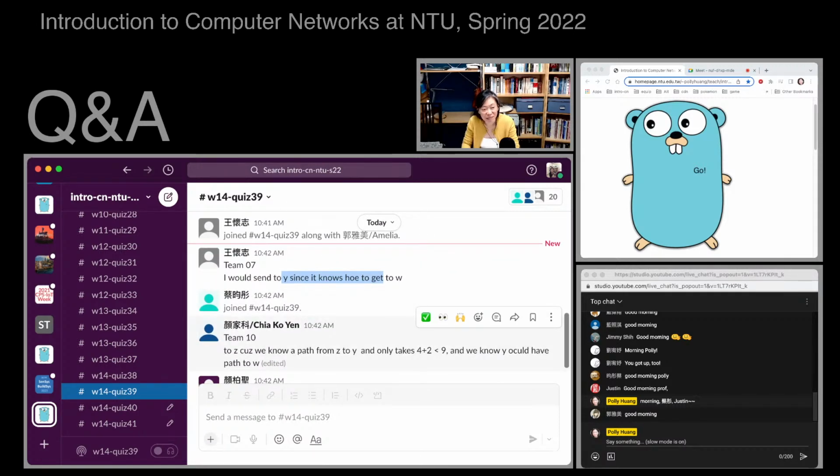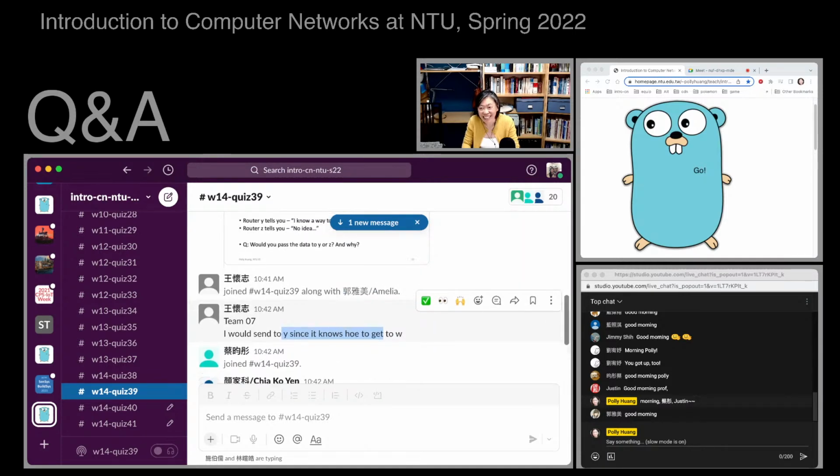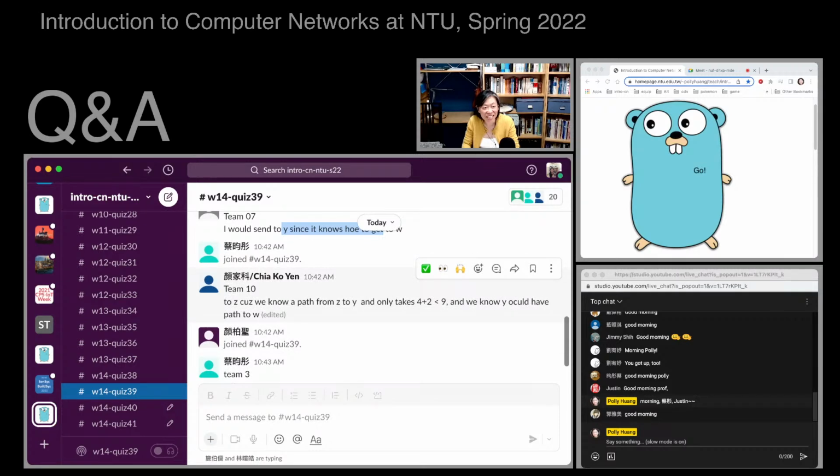But Keke down here, Team 10, is sending to Z because we know a path from Z to Y. Because we see from the graph, there's a path from Z to Y, and Y says, I know a way to W. This is assuming that X somehow knows Z has a path to Y. But you see, at this point in time, Z only says, I don't know a way to W, and Z did not say that it knows a way to Y either.